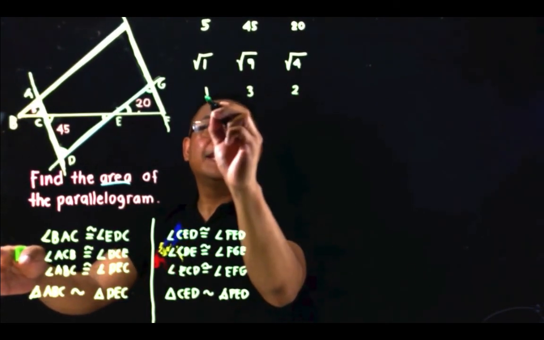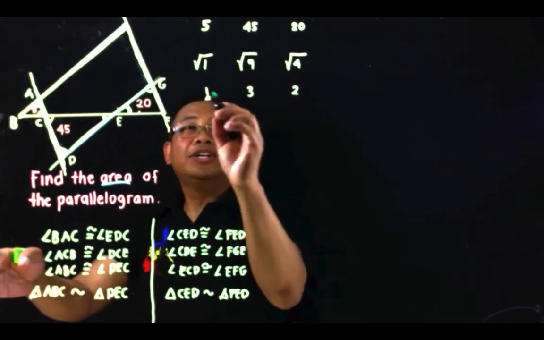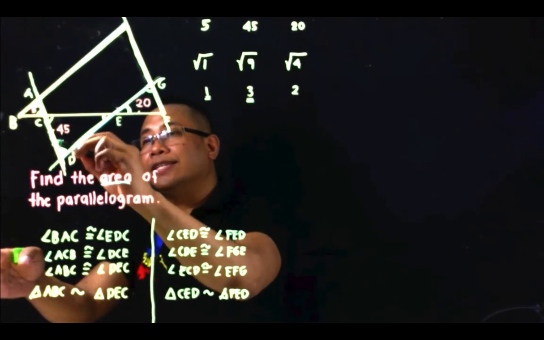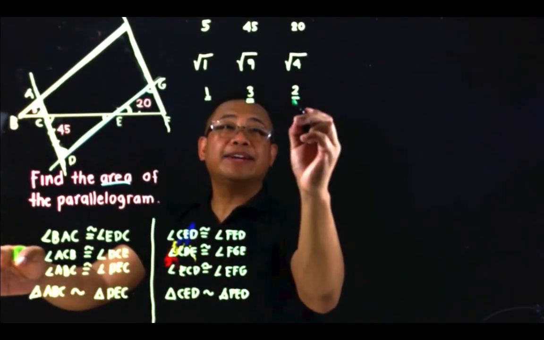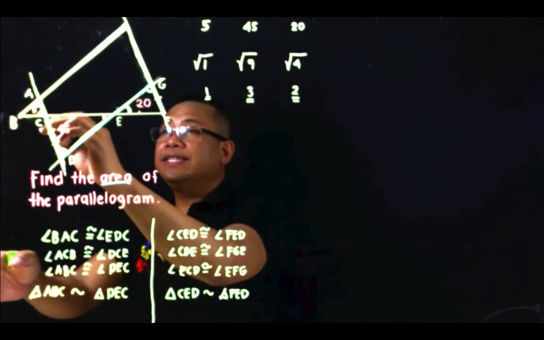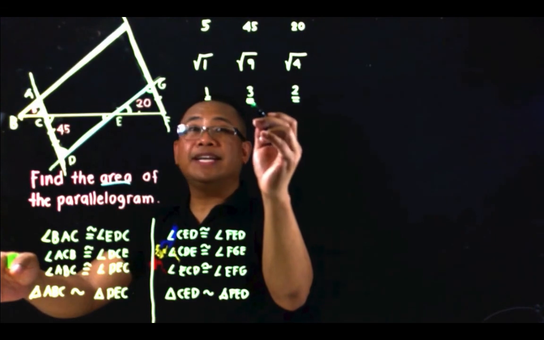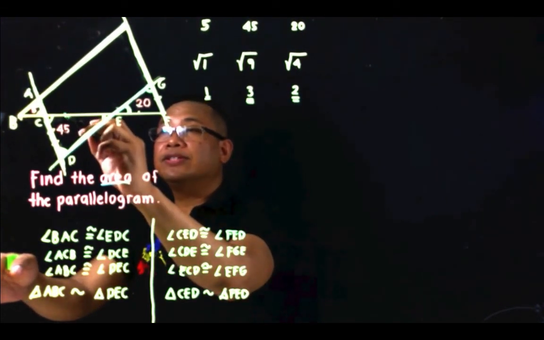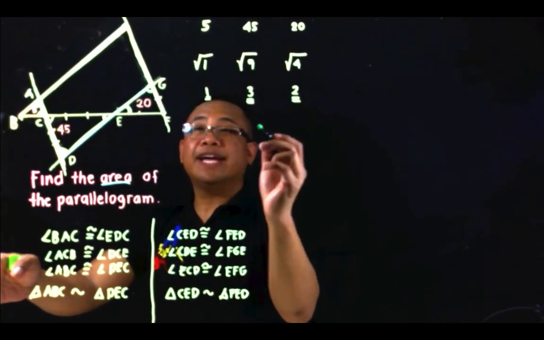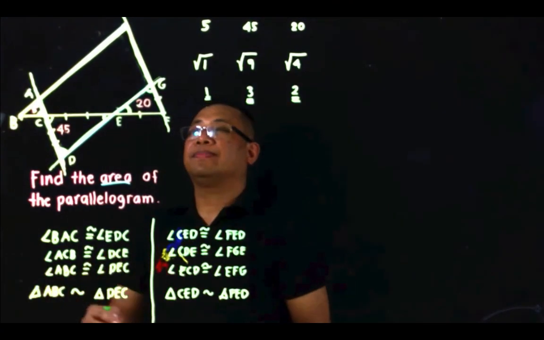That means if the length of this side is 1 unit, for the other triangle it should be 3 units. We have to divide this part into 3 units. And for the remaining triangle, it's 2 units. We have to divide this part into 2 units. If this side is 1 unit, then for the biggest triangle among the three, it should be 3 parts. So we're going to subdivide this side into 3 parts, and the remaining triangle side should be divided into 2 equal parts. You have 1 and 2.